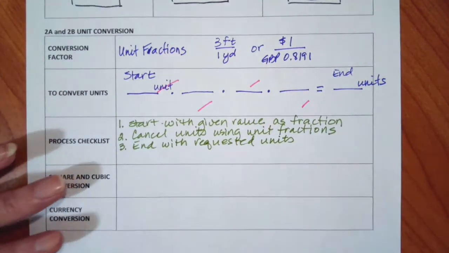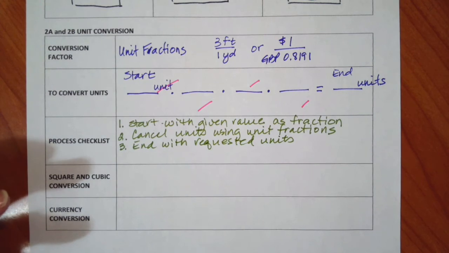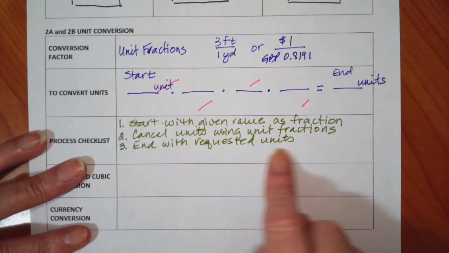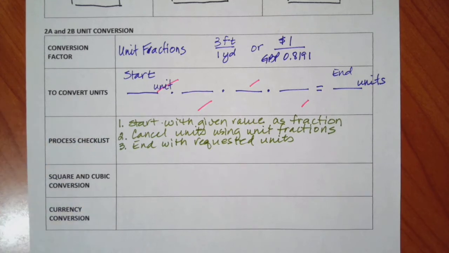like what we did in density. If you wanted to do people per kilometer squared and you wanted to end up with people per square mile, the starting would be the kilometers. You use fractions until you turned it into miles.